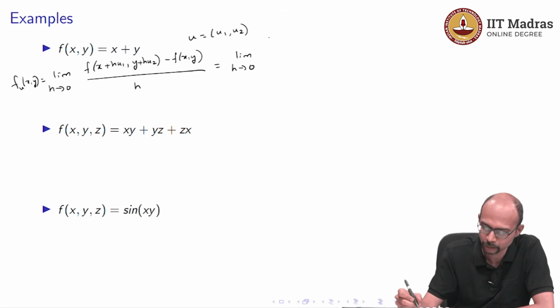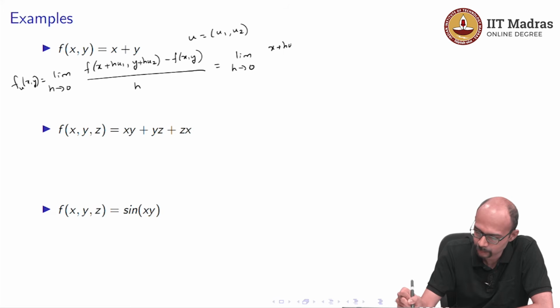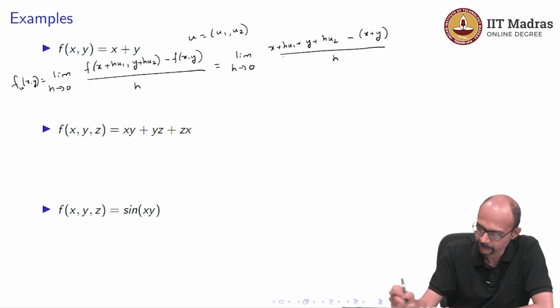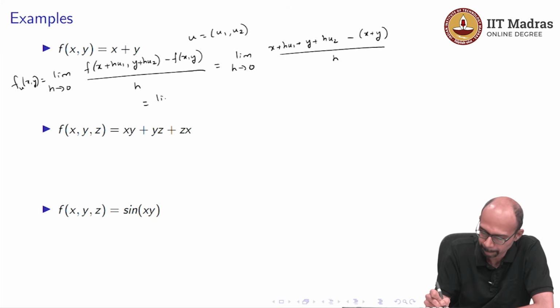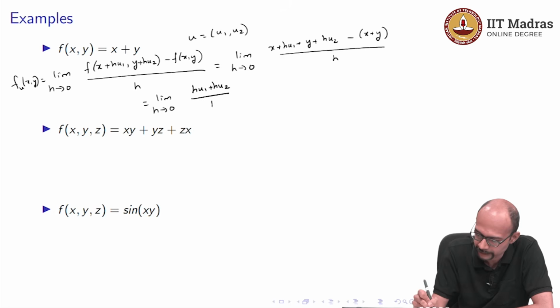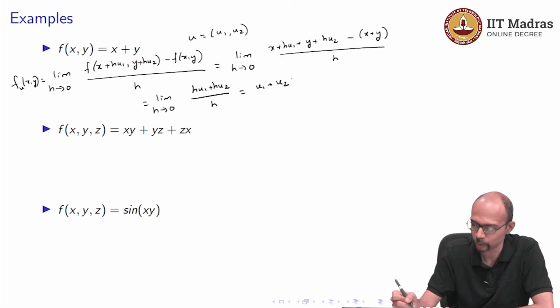So, limit h tends to 0, x plus h times u1 plus y plus h times u2 minus x plus y, divided by h. And the x and the y cancel out. So, we are left with h times u1 plus h times u2 divided by h, which is u1 plus u2.